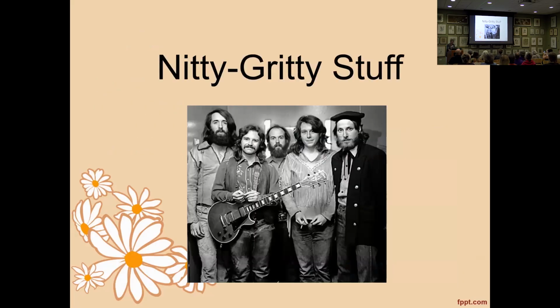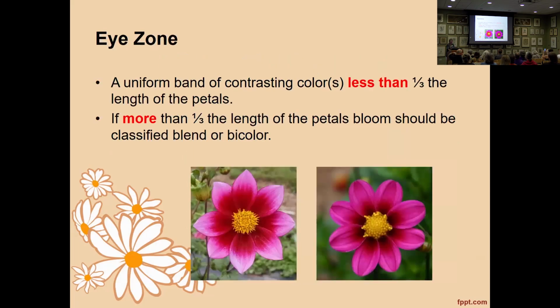Nitty gritty stuff. I can tell who's a little older, closer to my age. An eye zone is a uniform band of contrasting colors less than 1/3 the length of the petals. If it's more than 1/3 the length of the petals, the bloom should be classified blend or bicolor.